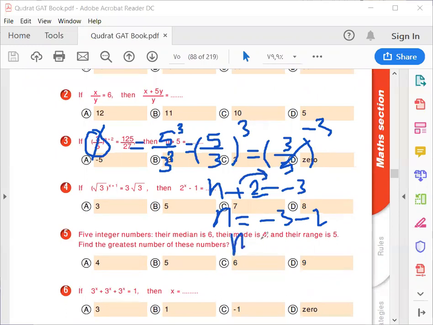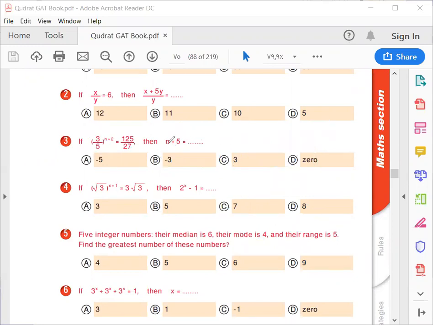So n equals minus 5. Then you substitute here: n plus 5 is minus 5 plus 5, which equals 0.